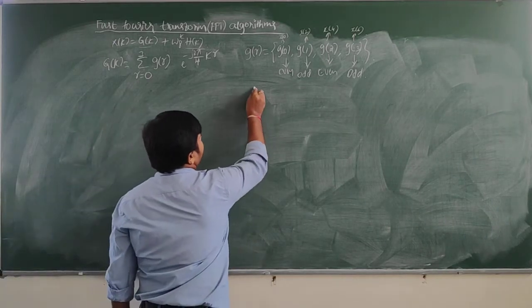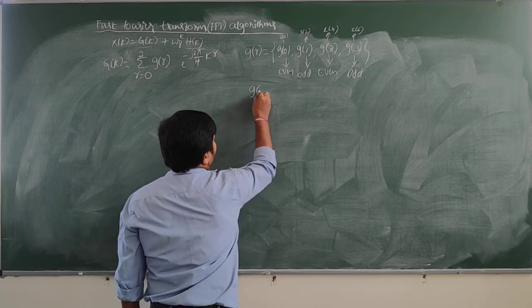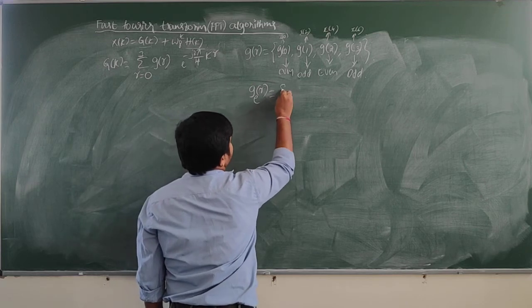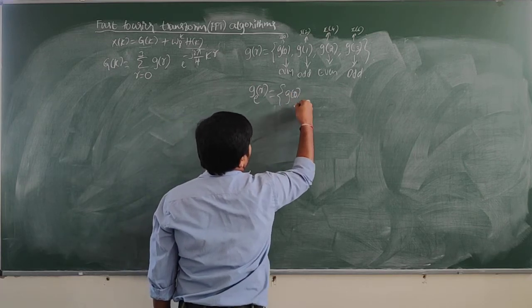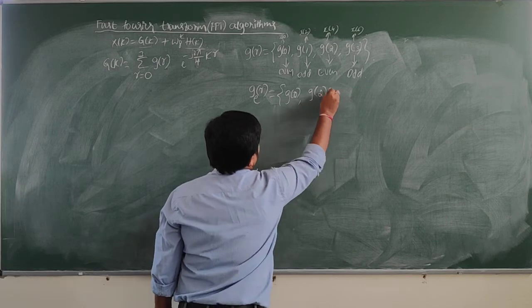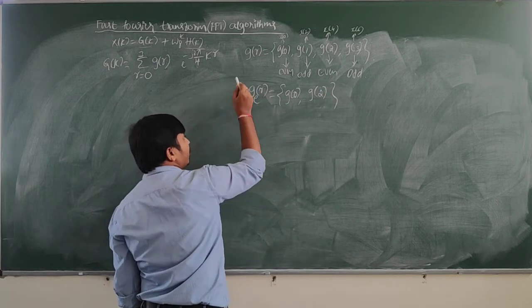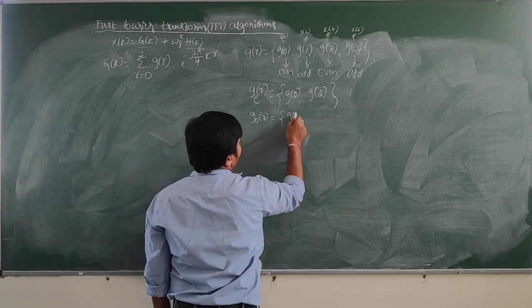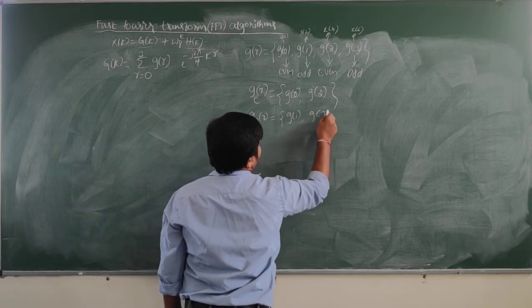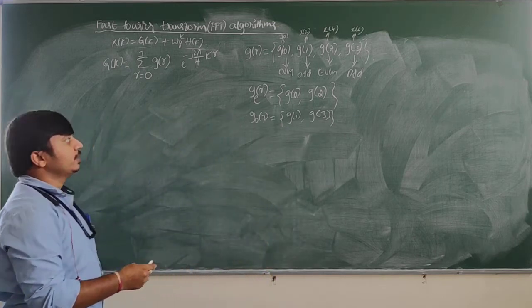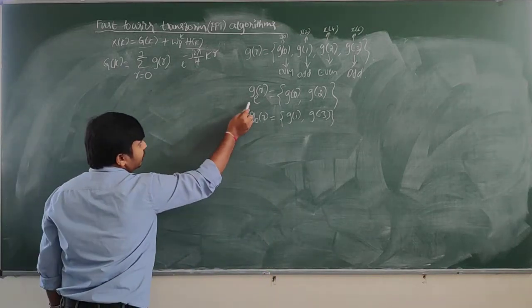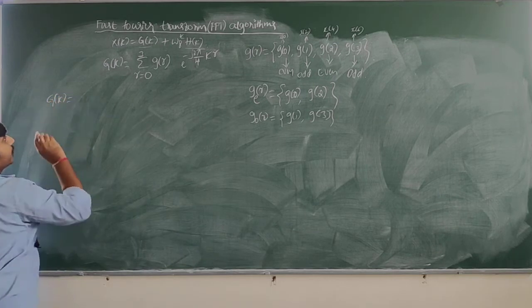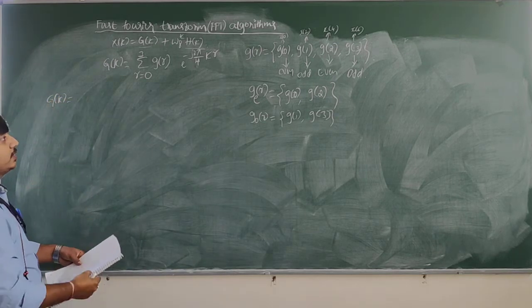Here take g of r. The even part of g of r is g of 0, g of 2. The odd part of g of r is g of 1, g of 3. Now represent this in terms of an equation. G of k is split into two sequences.